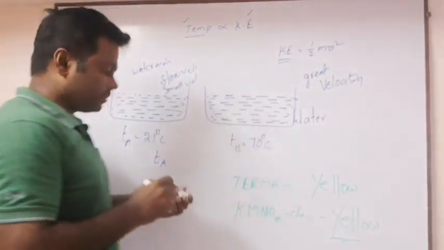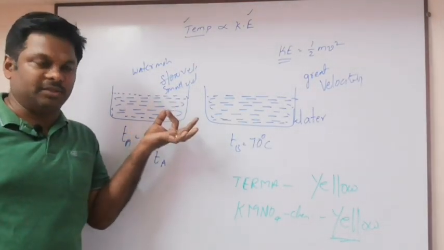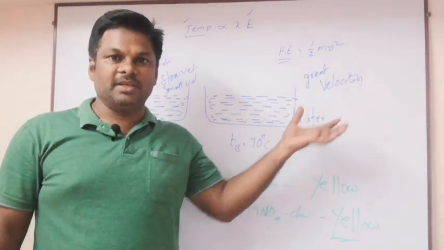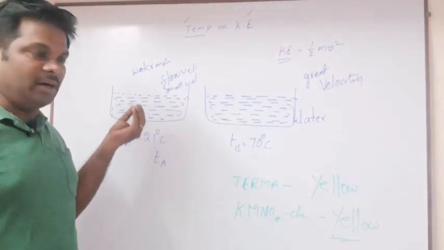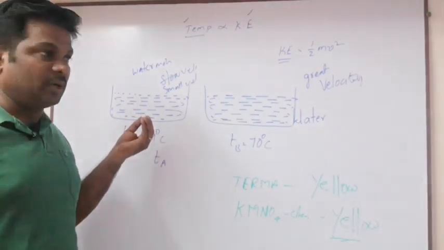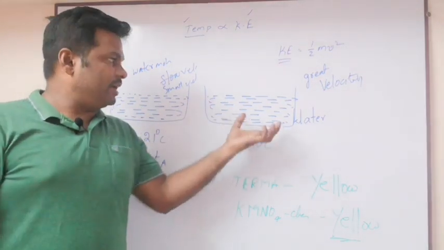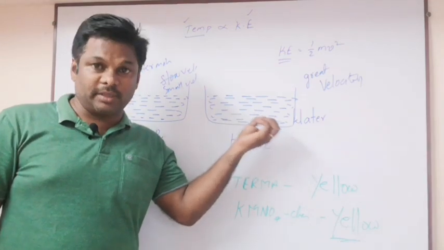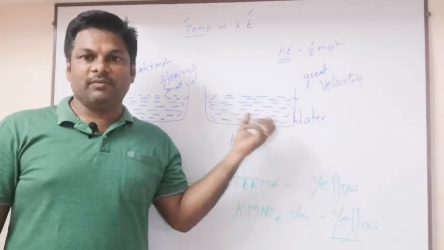Why are you observing very small change here and great change here? Since water molecules with less temperature are moving very slow, whereas water molecules with more temperature are moving very fast.